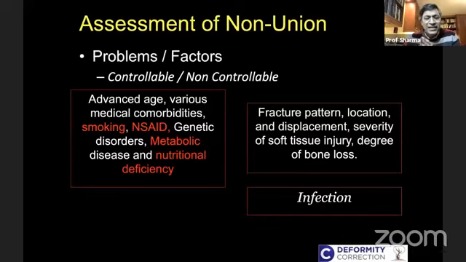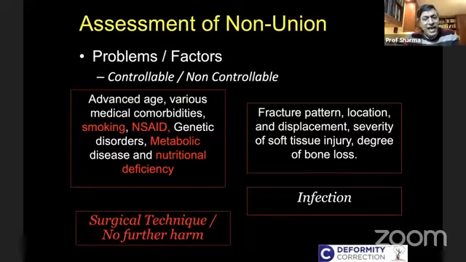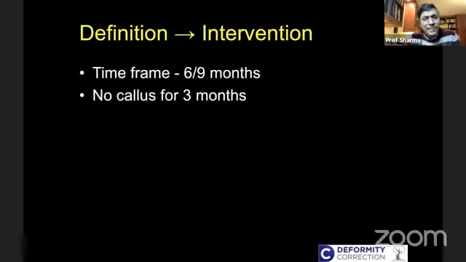The other thing which you have control over is how you approach it surgically, or if you treat it conservatively, whichever way. But do not make the biology and the stability worse, so that you actually make things worse rather than improve the situation.